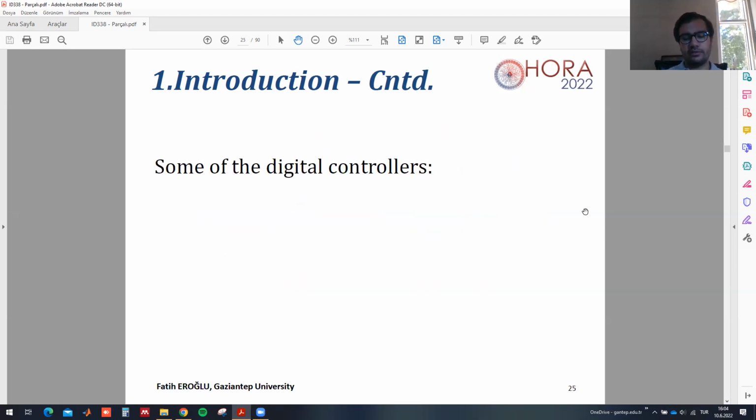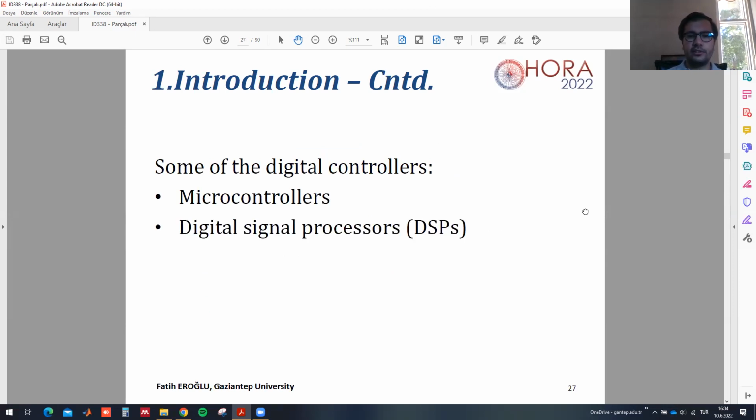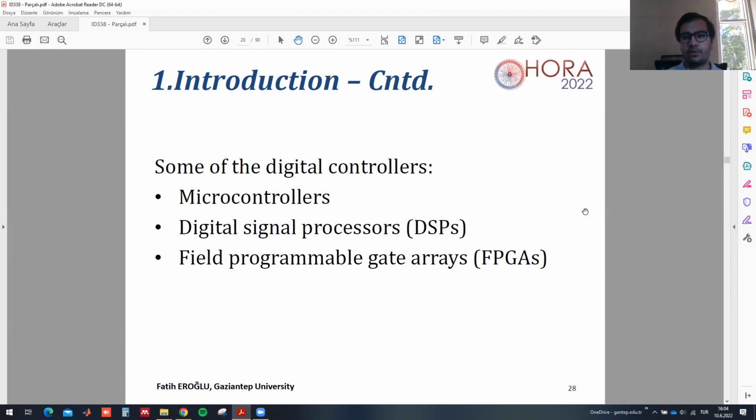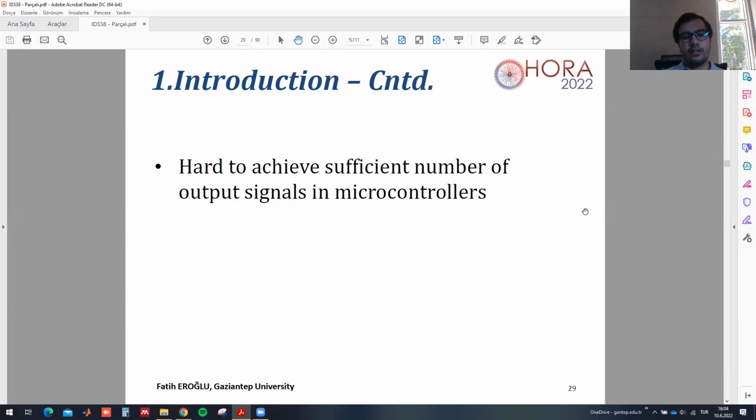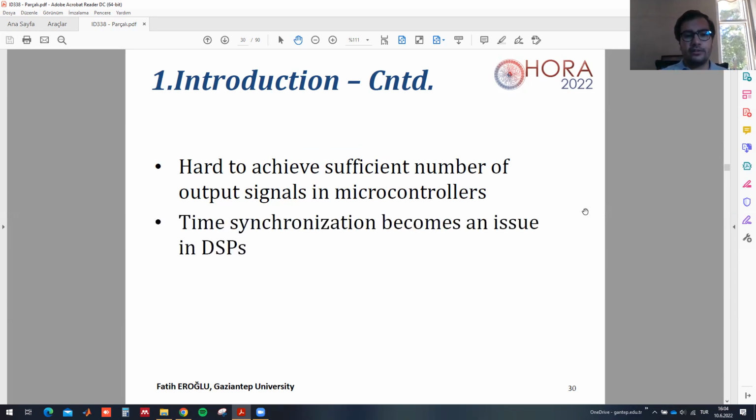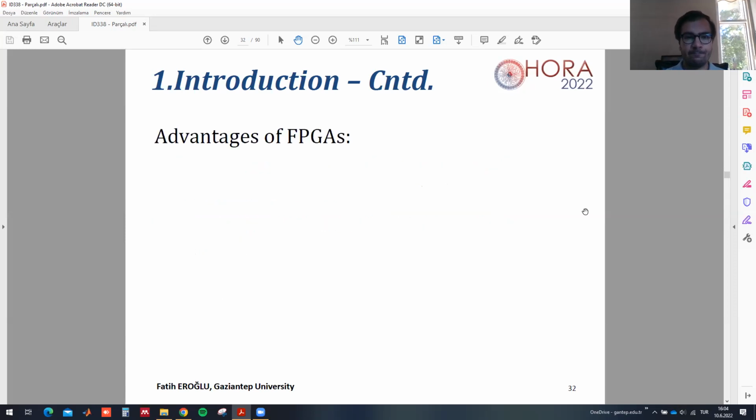These controllers are microcontrollers, as we all know, digital signal processors, and field programmable gate arrays, also known as FPGAs. It's hard to achieve a sufficient number of output signals, which is very critical in multi-level converters, in microcontrollers. So microcontrollers are not very suitable for multi-level converter applications. Time synchronization becomes an issue in DSPs. And that's where FPGAs come into play.